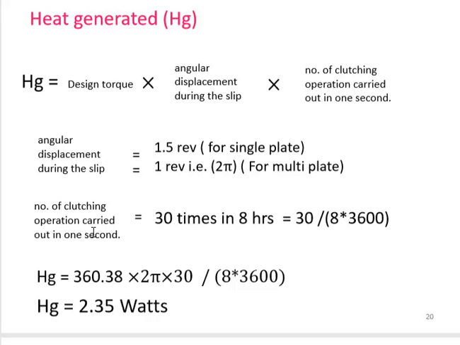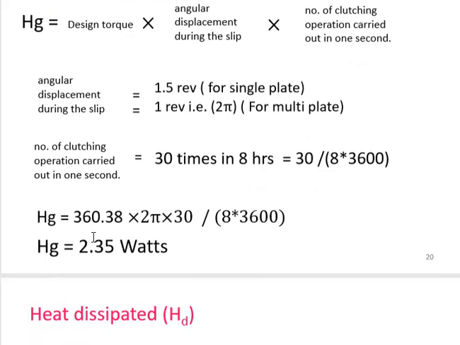Number of clutching operations carried out in 1 second: in the question they have given us the number of clutching operations carried out in 8 hours. So we need to find out for 1 second, and hence the whole value is divided by 3600. When we substitute the design torque, angular displacement during the slip, and number of clutching operations carried out in 1 second, the heat generated turns out to be 2.35 watts.